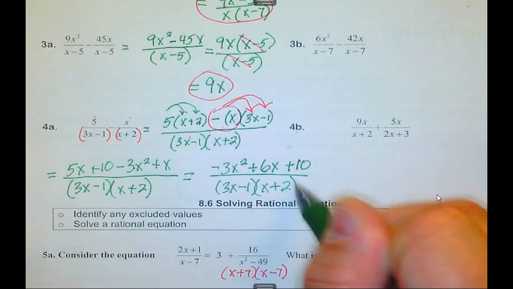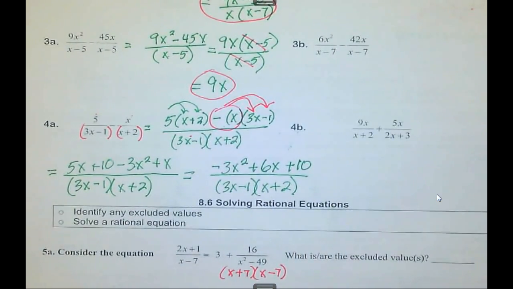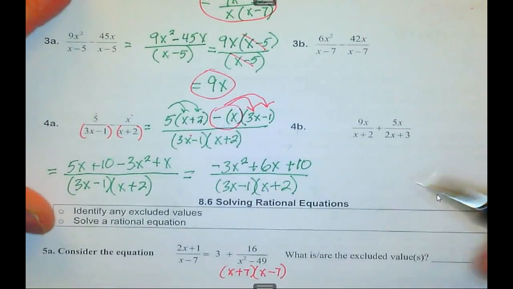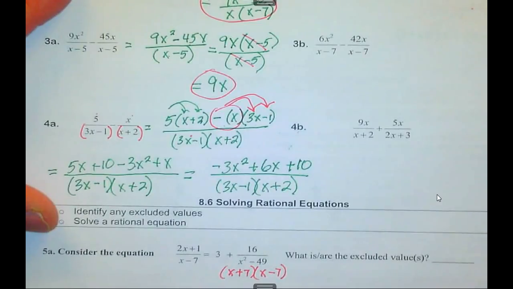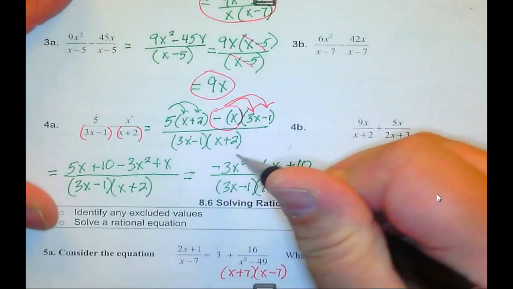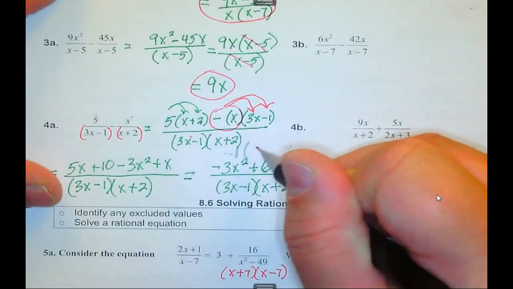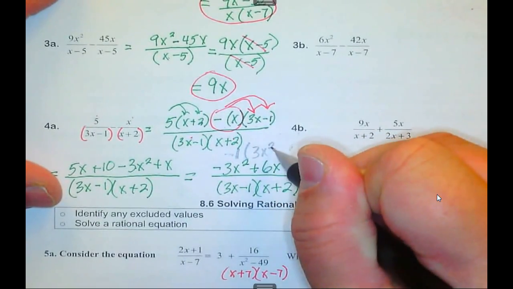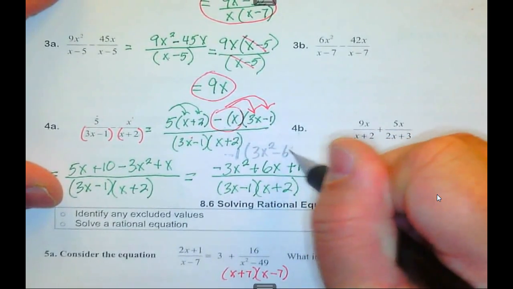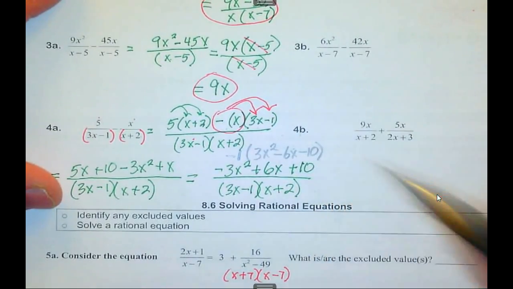Now, we're going to have to check this numerator out, see if it factors and cancels down. First thing I'm going to do is factor out that minus sign, because it bothers me. So I have a negative 1 times 3x squared minus 6x minus 10.